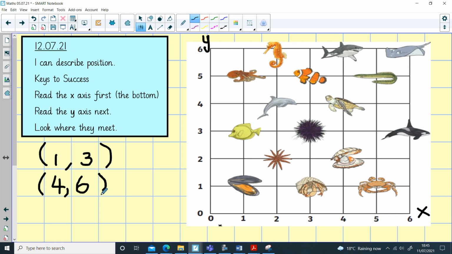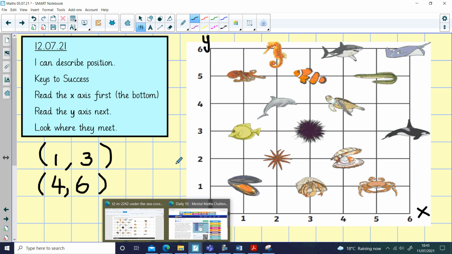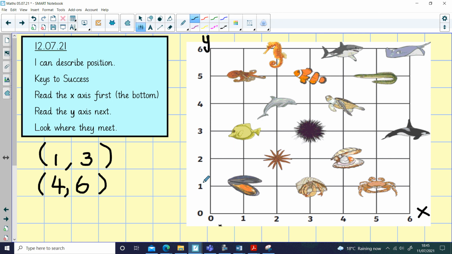Now, if we were to read that the wrong way around and go up 6 and then across 4, we get to the same place, but it's when you come to actually describe the position, okay? Or if you were asked to draw something in a certain place, that's where you'd go wrong, okay?